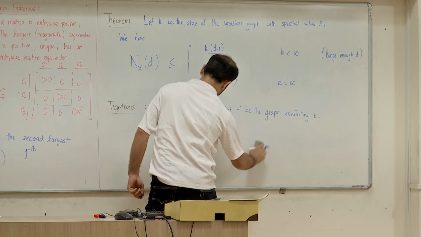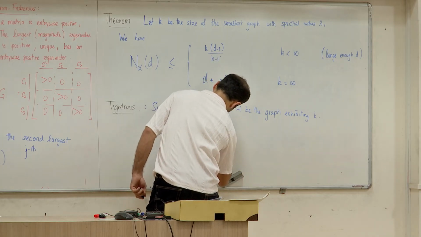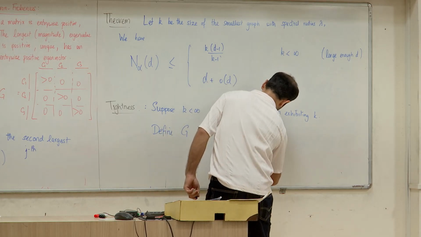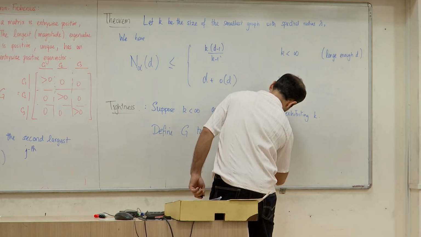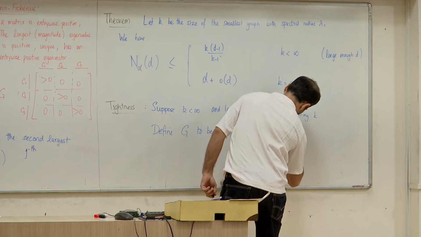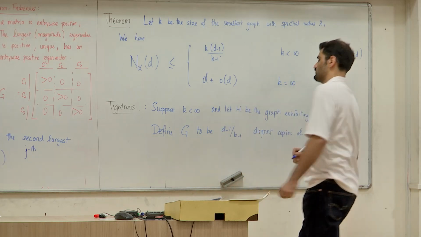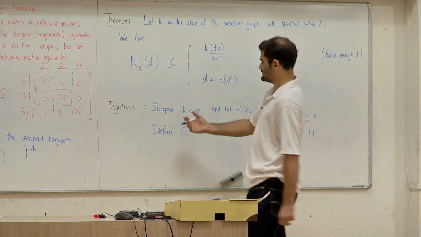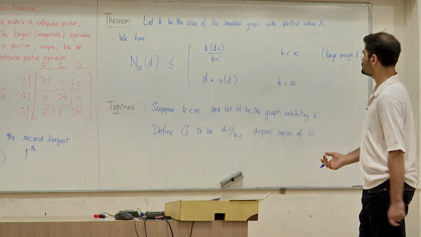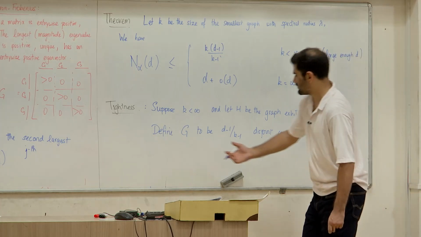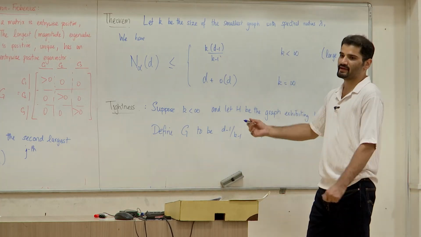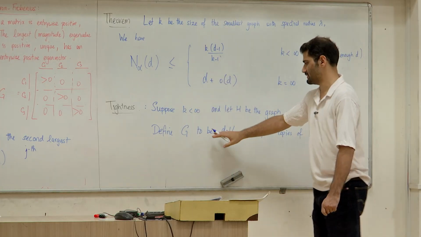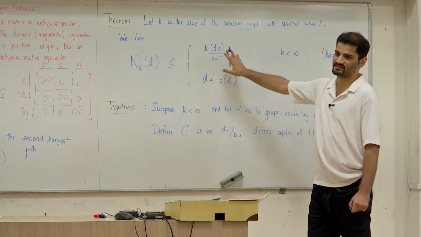I just define G to be (d minus 1) over (k minus 1) disjoint copies of H. I know that the number of vertices here would be, for every copy I will be able to remove one multiplicity, so all my calculations would be tight and therefore the number of vertices is exactly this.